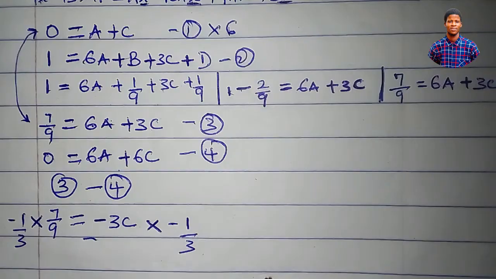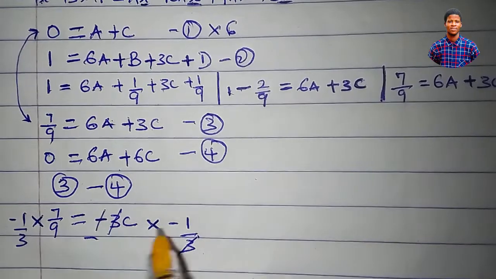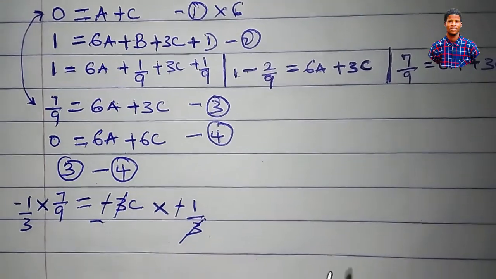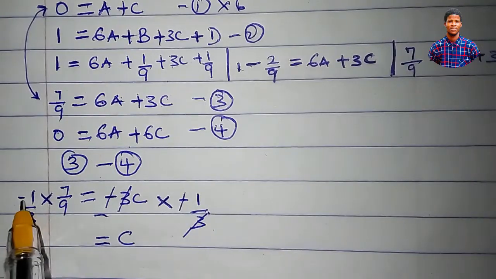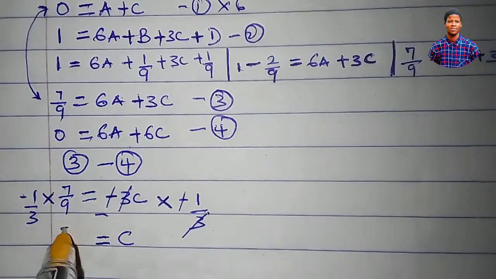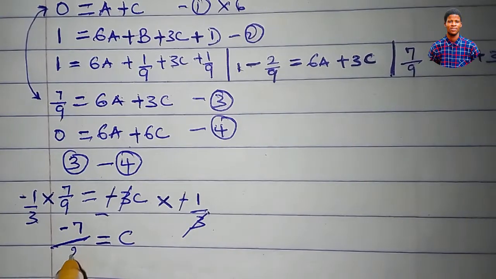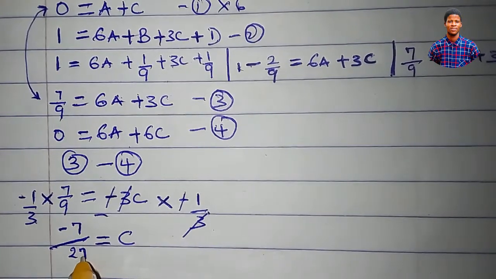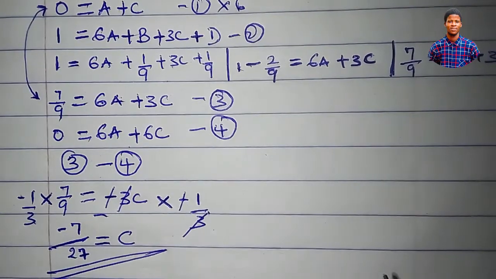It's the same thing. Either I divide both sides or I multiply both sides by the reciprocal. 3 cancel 3, minus minus is a plus. So we have now c is equal to minus 1 times 7 is minus 7. 3 times 9 is what? 27. So the value of c is actually minus 7 all over 27.